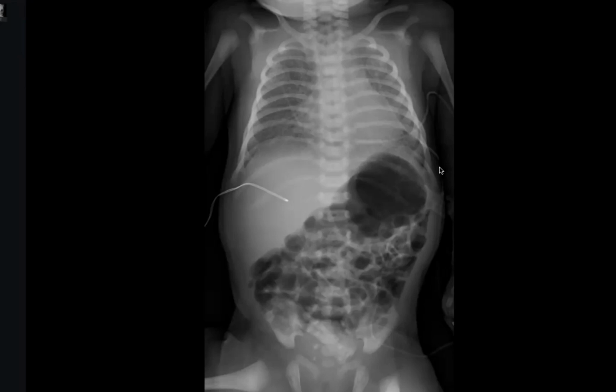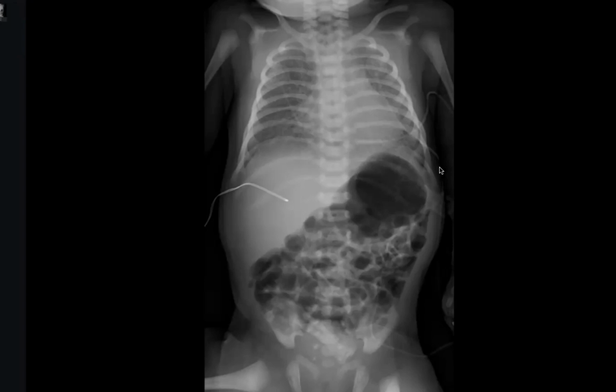A first comment on the chest: I can see that there is bilateral ground glass appearance of both lung fields with air bronchogram seen in the central lung fields. There are no pleural effusions.